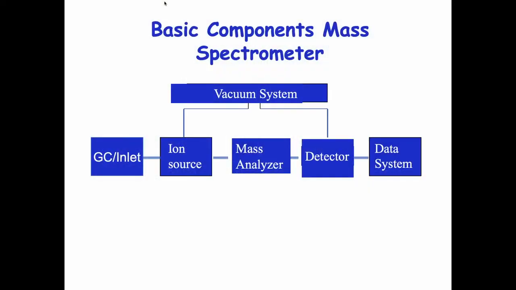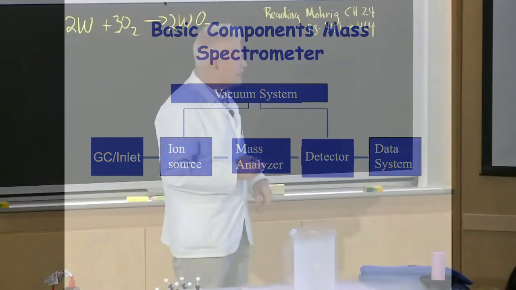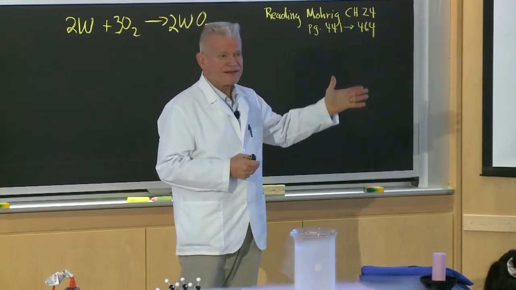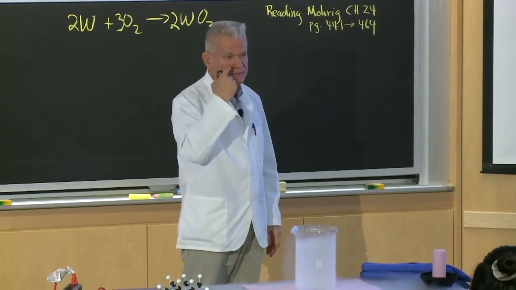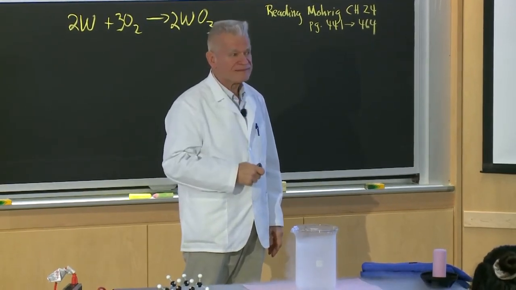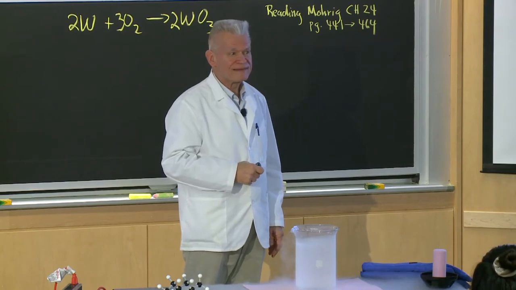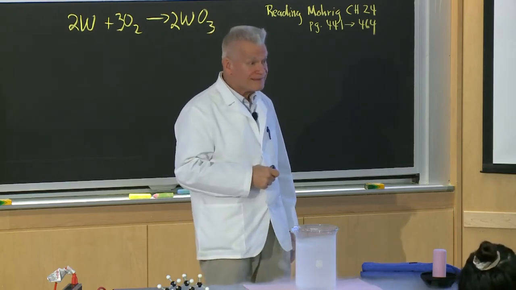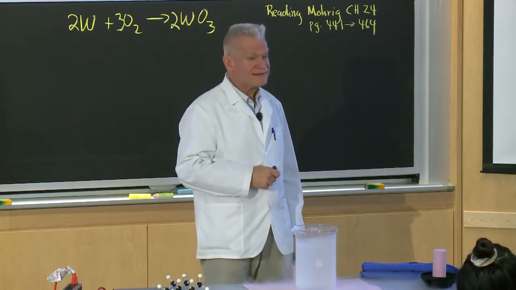You've got an area outside here that is at atmospheric pressure, and the area inside that is under a high vacuum. Anyone have an idea why that area is under a high vacuum inside? No?